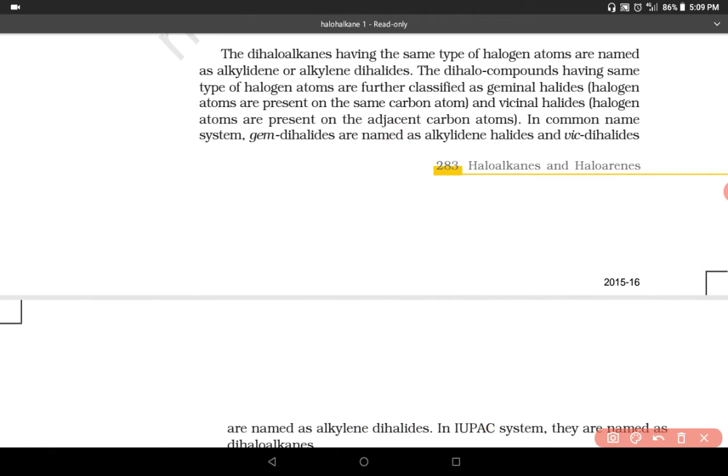Okay, are you clear with that? We have to remember these names only: alkylidine and alkylene dihalide.